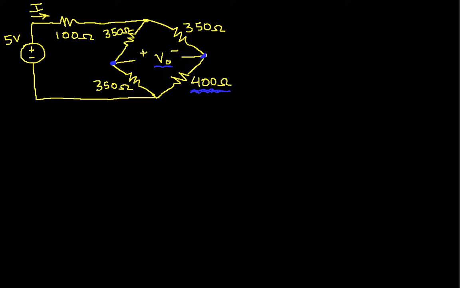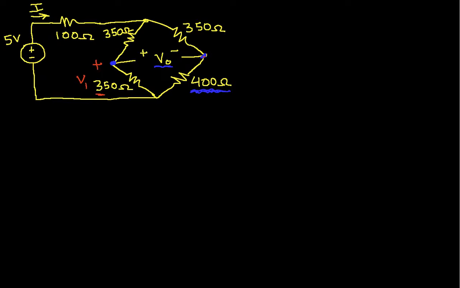It turns out that there's a few things we need to do. We need to define some intermediate voltages that we will have to solve for, and from these intermediate voltages we'll be able to compute V0.